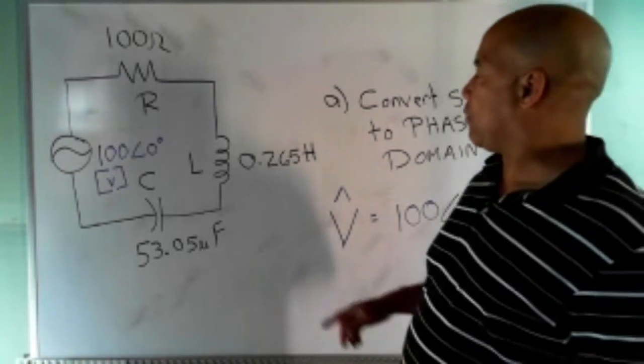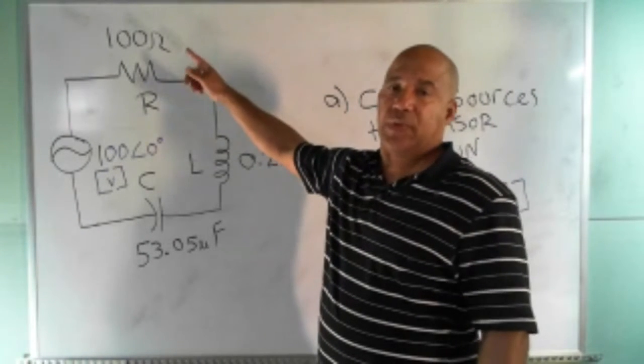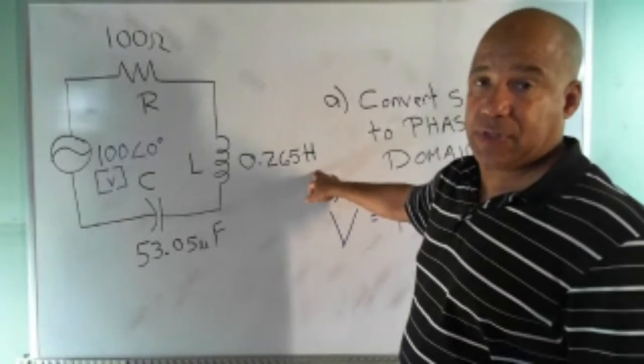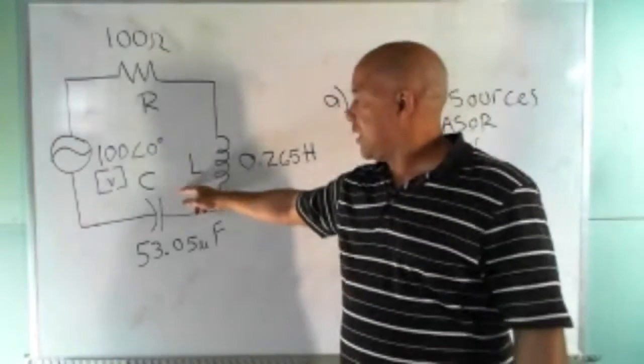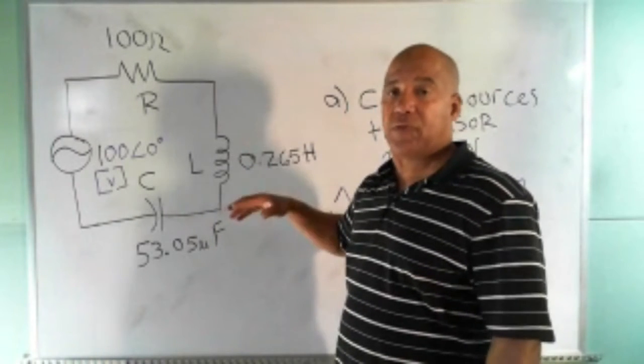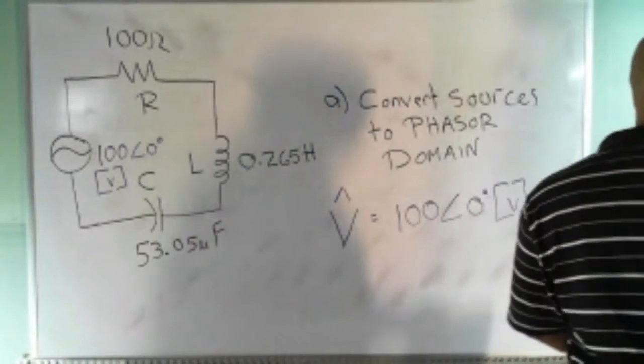In other words, right now none of these are in ohms. The only thing in ohms is a resistor. So I have to convert the L to XL, which is ohms, and the C to XC, which is ohms, and then show them both in rectangular and polar form. I'll do that for all my oppositions. So let's go ahead and do that.